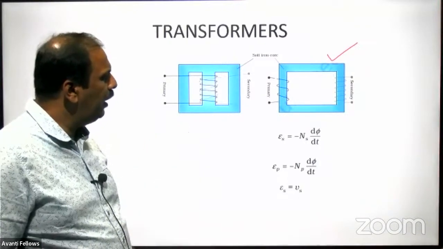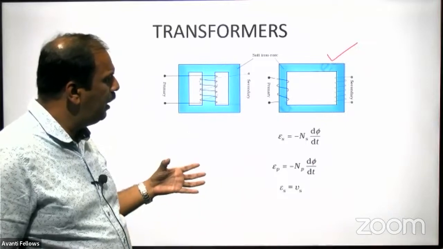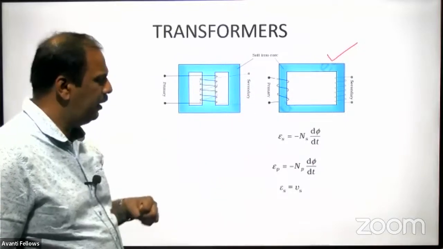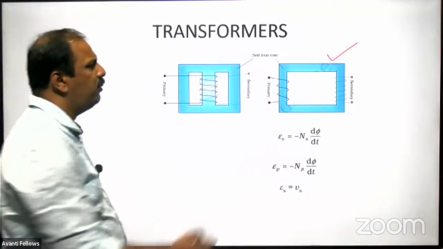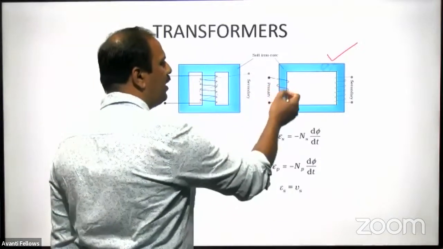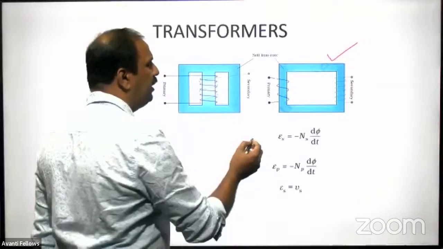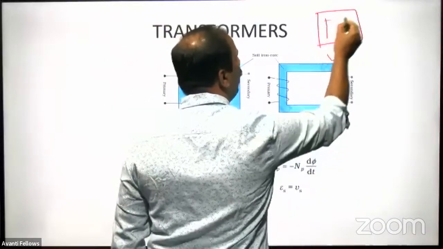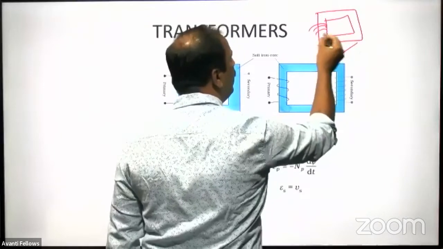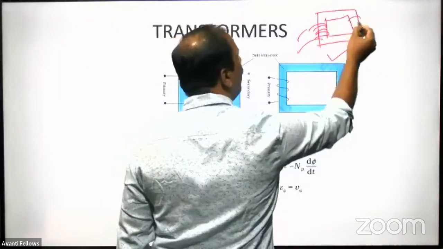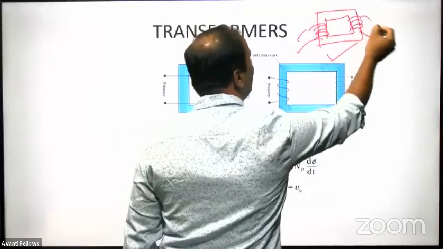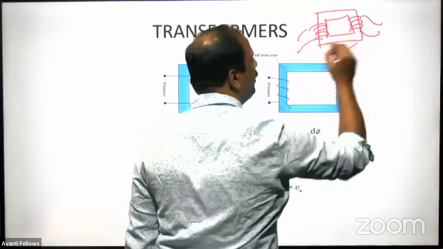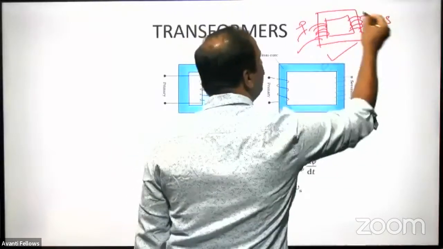Now, what is happening in this one, that we will discuss. In this transformer, we have a coil here. This coil is called the primary coil, where you are giving the supply. This transformer has two coils. One primary coil where we are giving the input, and another coil which is the secondary coil where we will take the output.